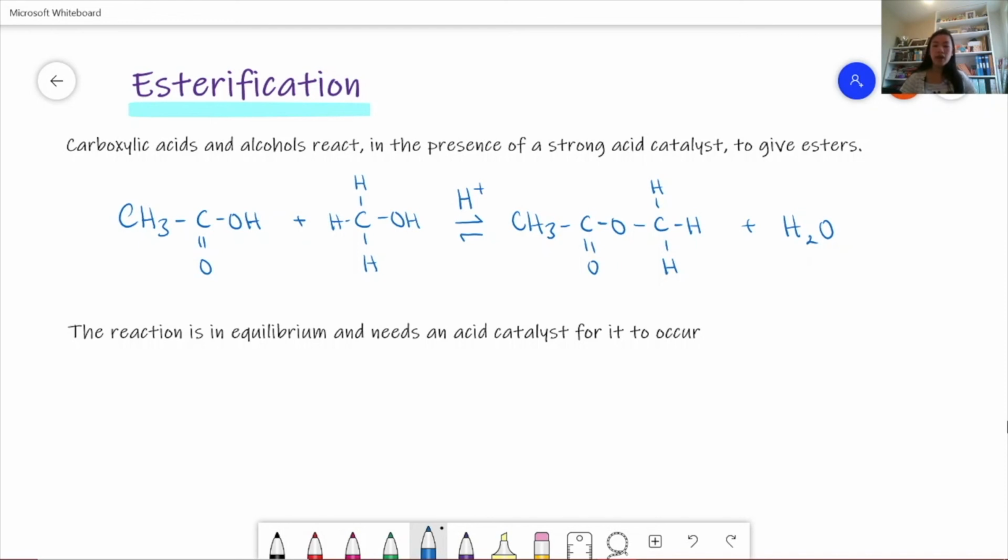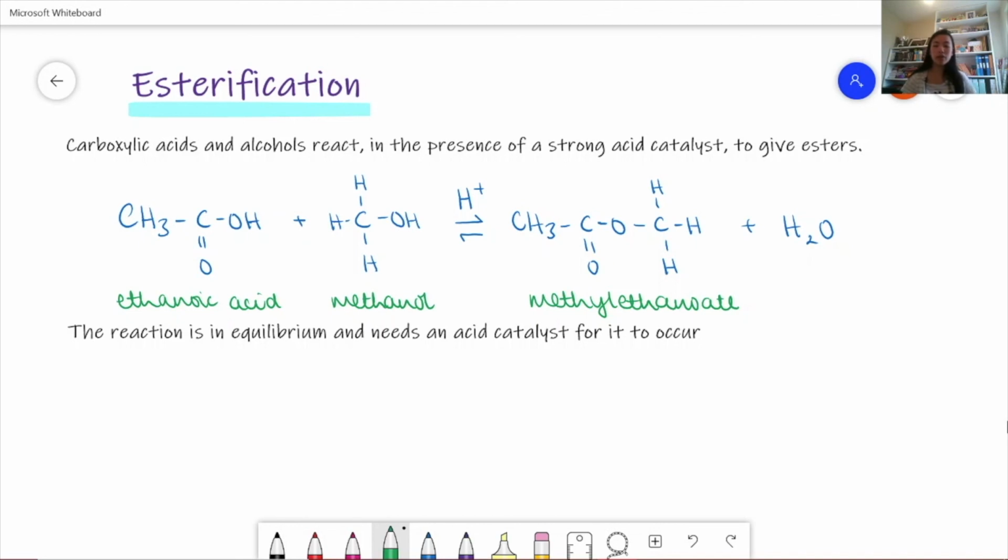So from ethanoic acid and methanol, we have formed methyl ethanoate and also water. This reaction is in equilibrium, and it needs an acid catalyst for it to occur.